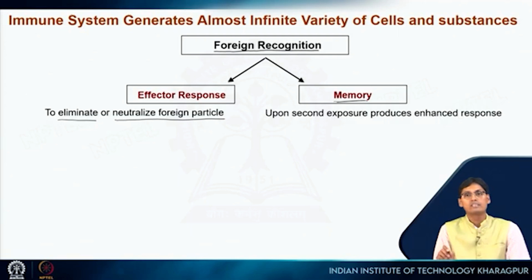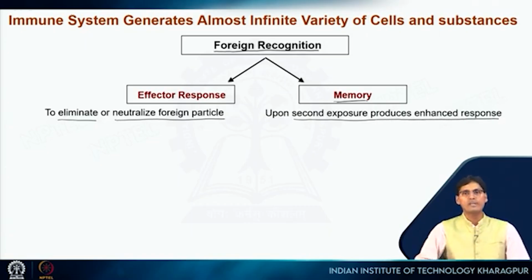This is very important. This is not the memory, something like what I can remember. I am discussing not that memory. I am talking about immunological memory. Okay, so that means upon second exposure it produces an enhanced response. For example, if I am infected today by some particular virus or bacteria, my immune system acts against that virus or bacteria, and after 4, 5, 6 days, I am getting well.